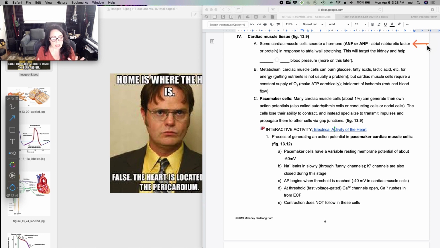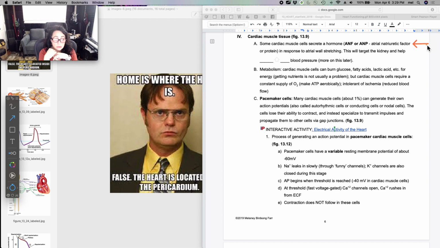So I want to throw it out to you and see if you can predict what this one would do. This is a hormone that is released from the atria of the heart in response to prolonged atrial wall stretching. The natriuretic part tells you where it will go. It doesn't tell you, it implies it. Natriuretic, so the target is actually the kidney.